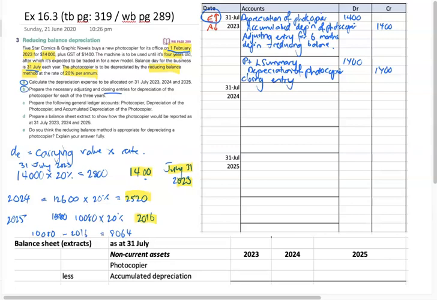That's what we need to do for each of these years. We will do the next ones a bit quicker, and I won't do any narrations, but you will in your answer. 2024, we had $2,520 worth of depreciation. Again, it's the same entries, depreciation of photocopier.